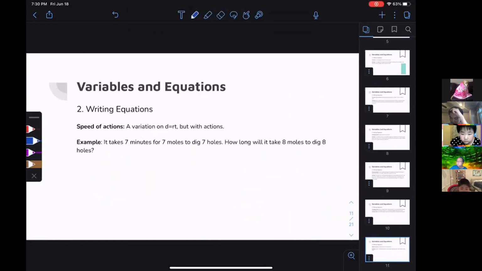Assume that all the moles work at the same rate, so that if you have 2 moles as opposed to 1, they'll do twice the work. Alright, so does anybody have any ideas on how to solve this problem? How to set variables and solve this problem?